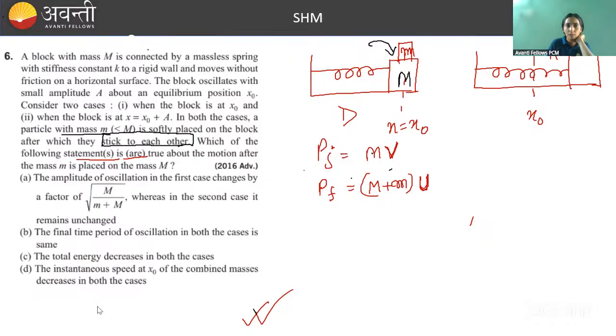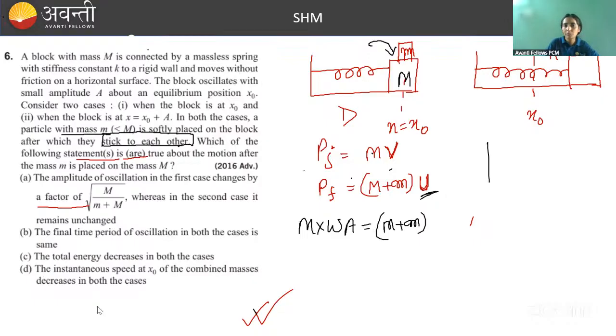Now let's talk about these things. The amplitude of oscillation in the first case changes by a factor of this. How will we check that? See here, let's do this. M into omega A will be equal to M plus m into how much? This u is now equal to what?